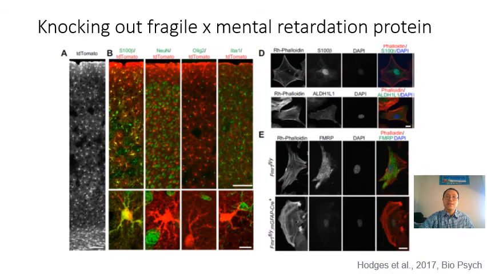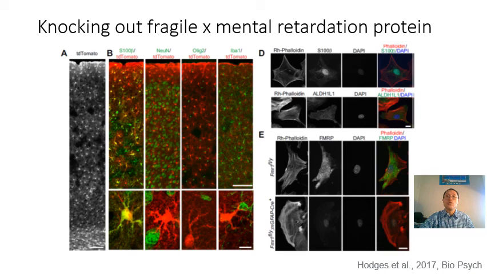Now, in this last slide, I want to talk about Fragile X. Fragile X is a disease in which people have a hard time learning, and it is characterized by a very low intelligence level. This is why they call it the Fragile X mental retardation protein.